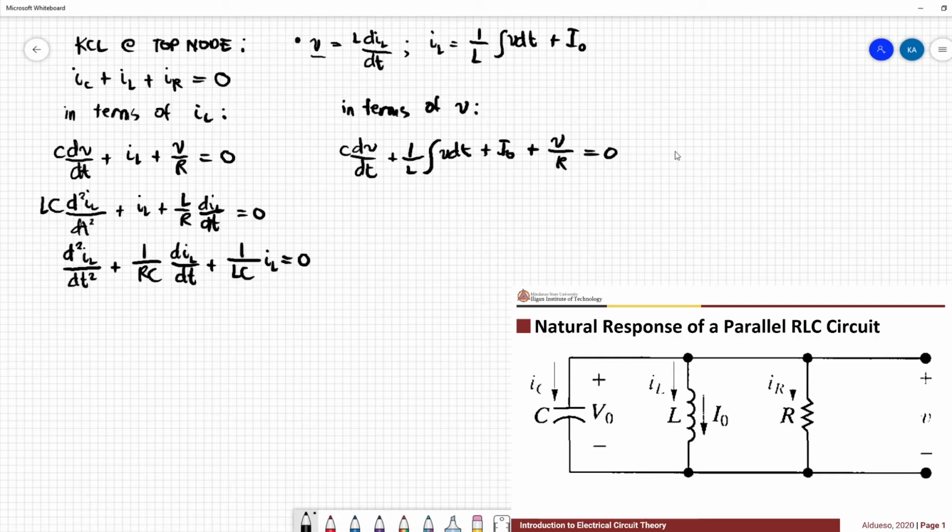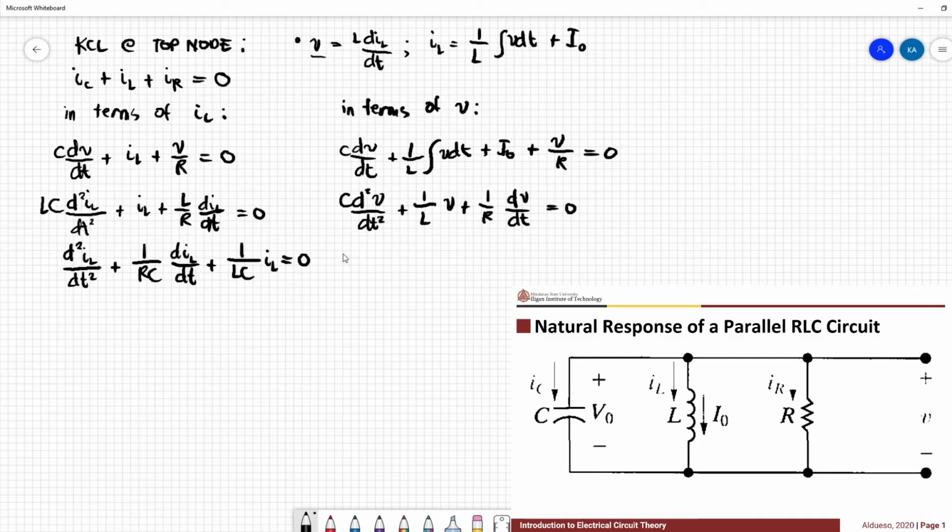Now taking the derivative of this equation on both sides, we have C times the second derivative of V with respect to time, plus 1 over L V, the derivative of a constant is 0, plus 1 over R derivative of V with respect to time.